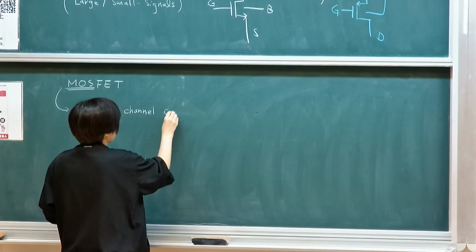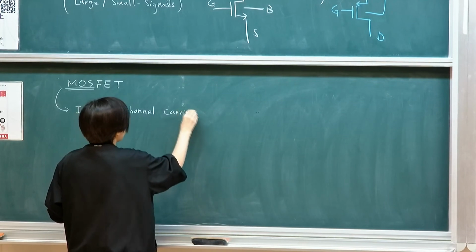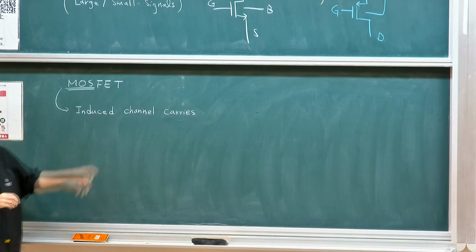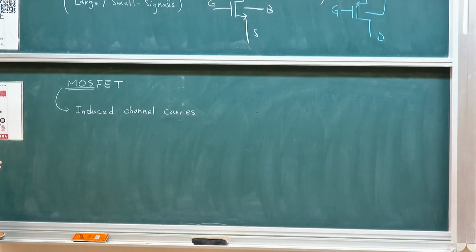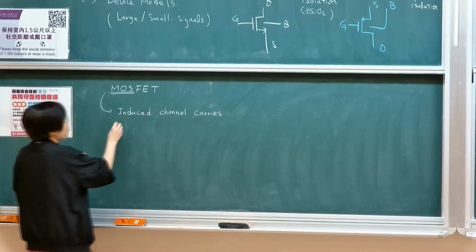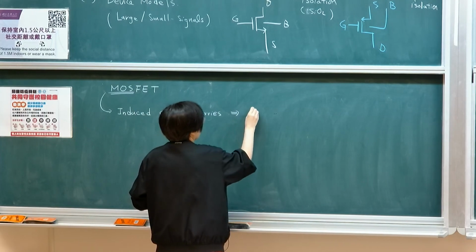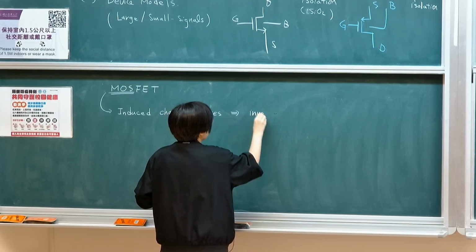To induce channel carriers, whether it's electrons or holes, the main purpose of having a MOS structure is to construct channel carriers. So we need to separate into 2 things. One is how does one induce the channel, and then afterwards, how do these carriers flow through the channel? Once you induce the channel, these charges are called inversion charges.